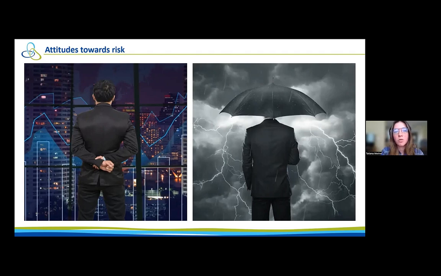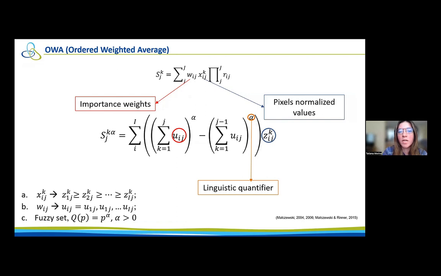So in order to address those attitudes in our analysis, we used the ordered weighted average by Malczewski. This entails ordering the normalized values of the attributes from largest to smallest, and then reordering the importance weights according to their corresponding attribute values, and selecting a fuzzy set related to a linguistic quantifier.